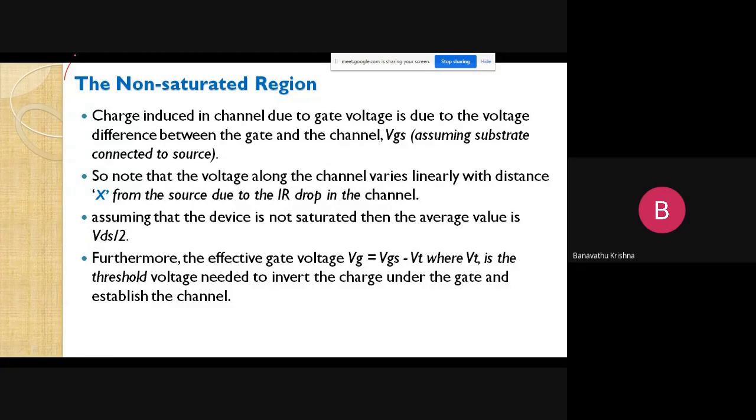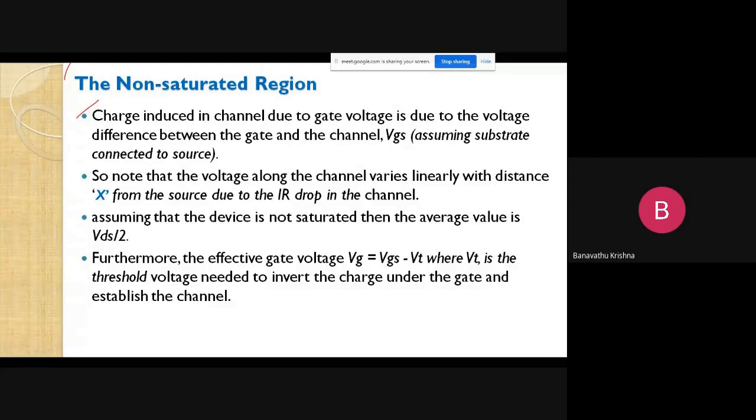Saturation means completely on, delivering the response. Let us discuss these points: VDS in the non-saturation region, and the charge induced in the channel.